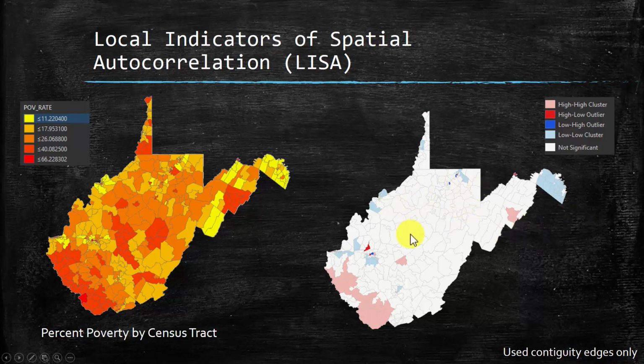So here we have not significant patterns in the white areas. We have our low-lows, so these are areas of low values surrounded by low values of percent poverty, high-highs, the reds here, high surrounded by high values, and these are the ones that are surrounded by different values, the dark blues and dark reds.